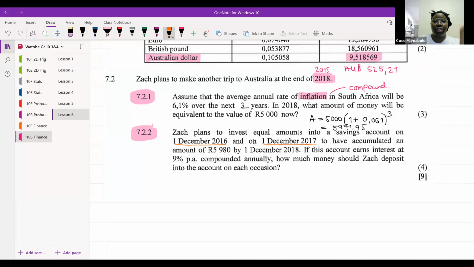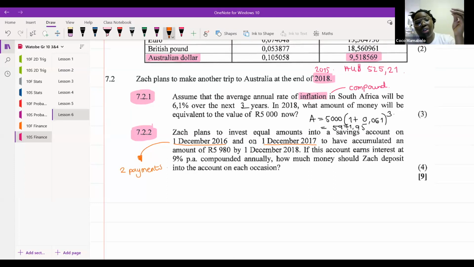Before we continue, let's think about this. How many payments is Zach going to make? Correct, Nico. Zach is going to make 2 payments, and they're going to be a year apart.